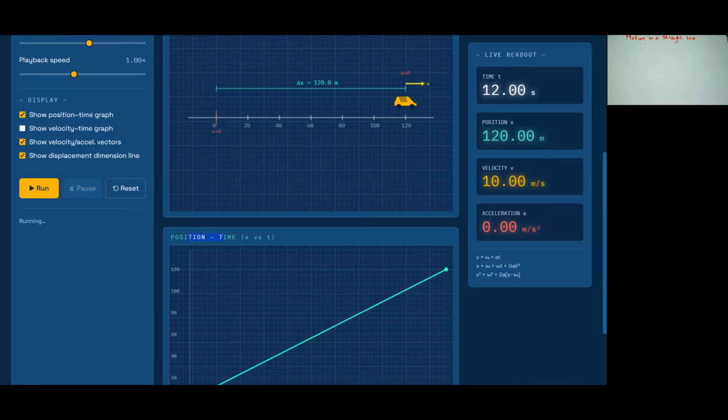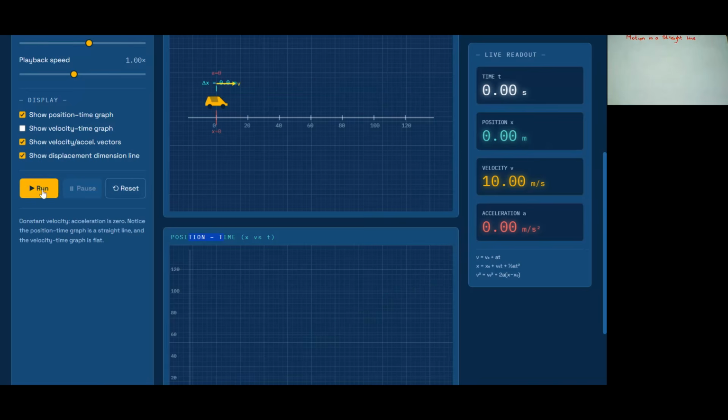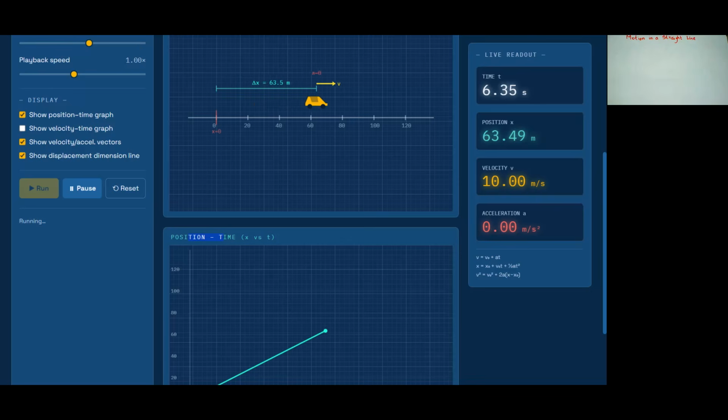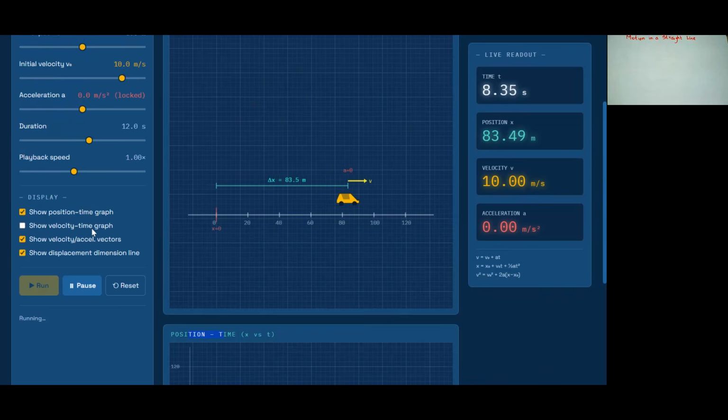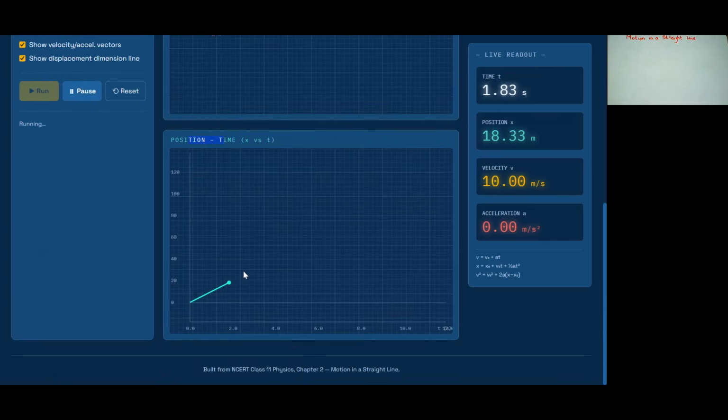Good. Okay. So watch the yellow car gliding steadily to the right. Never speeding up. Never slowing down. Correct? Yes. Okay. Good. Now again, see the teal position-time graph below.